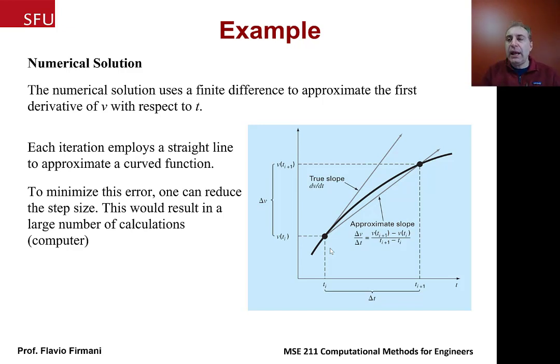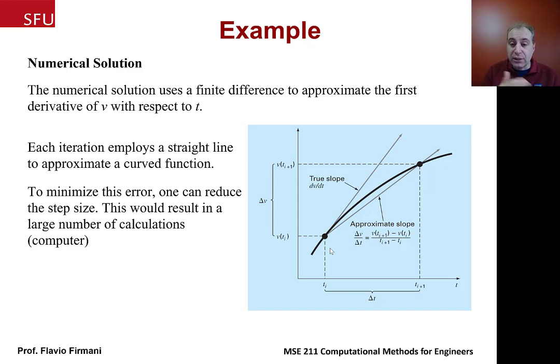Now, we're going to see later that that might cause other types of errors. So the more computation that you carry out, the more likely you're going to accumulate errors that can diverge from the actual solution. So making that step size extremely small is also not convenient.